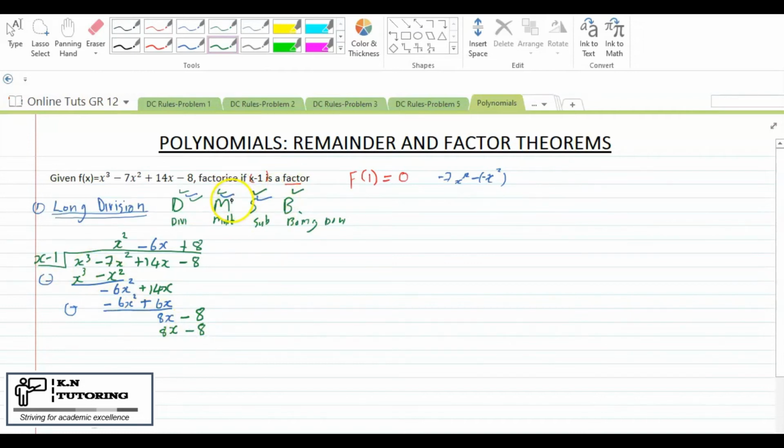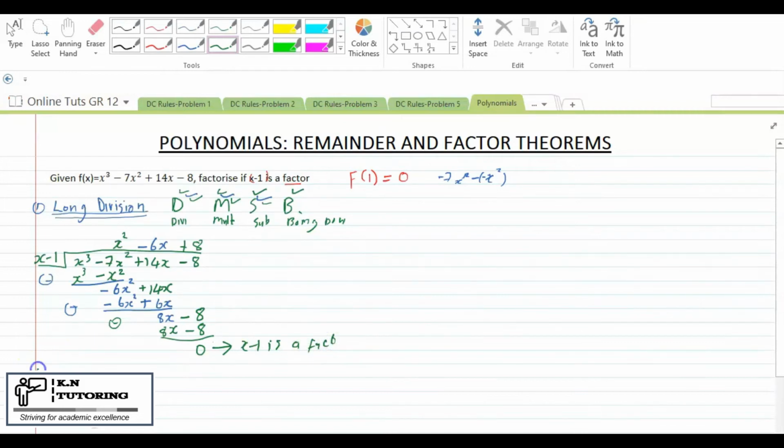So I'm done with my multiplication. Now I must subtract. 8x minus 8x is going to give me 0. Minus 8 minus minus 8 is going to give me 0. And there's nothing for me to bring down. And since it's 0, it shows that indeed x minus 1 is a factor.